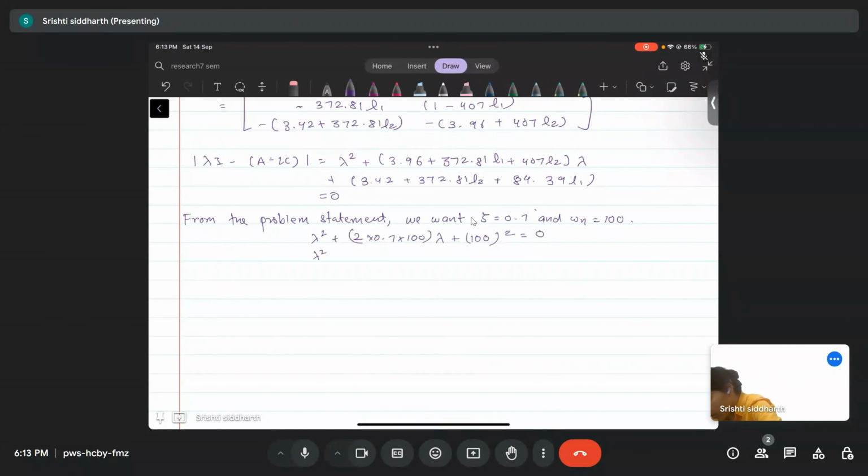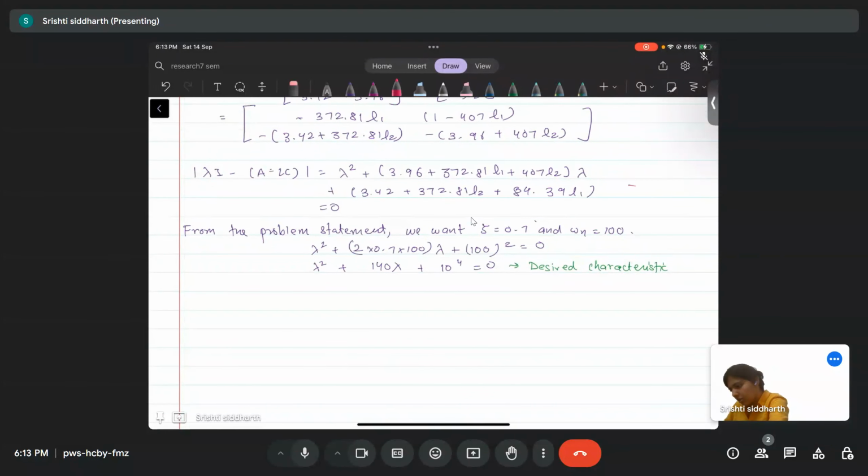So we have lambda squared plus 140 lambda plus 10 to the power 4 equals 0. So this is the desired characteristic equation. And now we just have to match the similar parts from this equation and this one to get the values of L1 and L2.